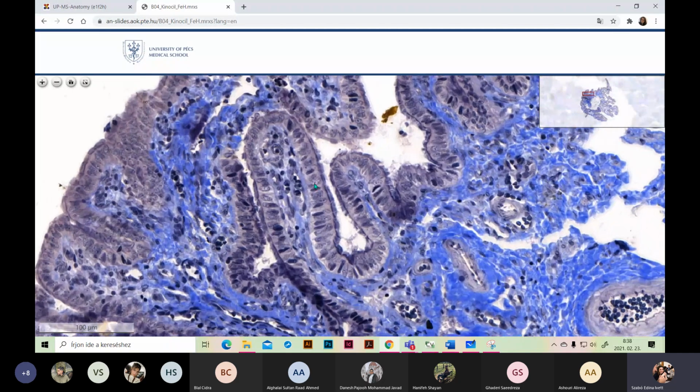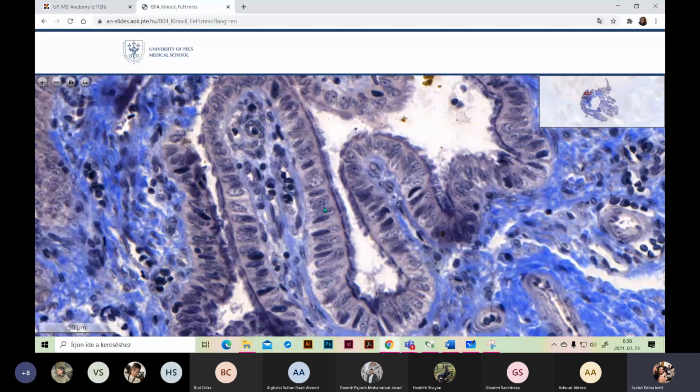So please tell me the number of cell layers if you see this part of the slide. Simple or stratified epithelia, or pseudostratified?